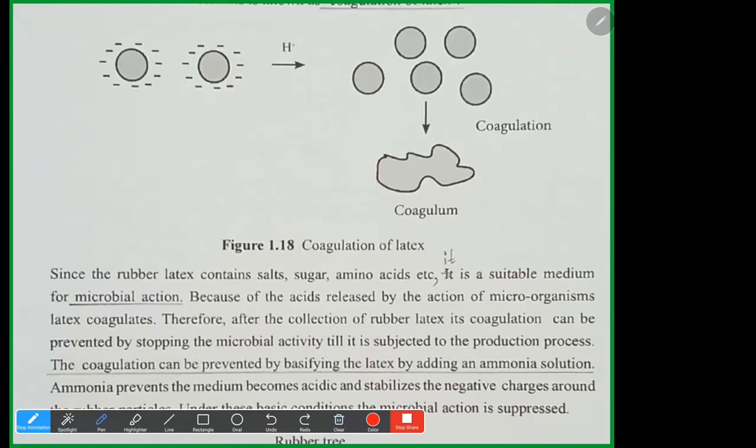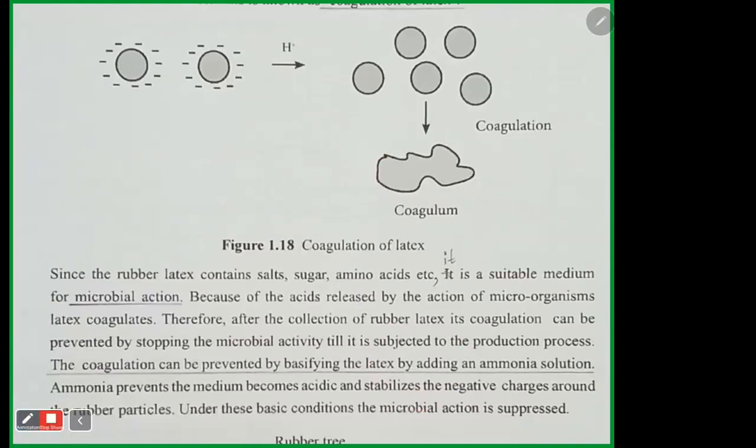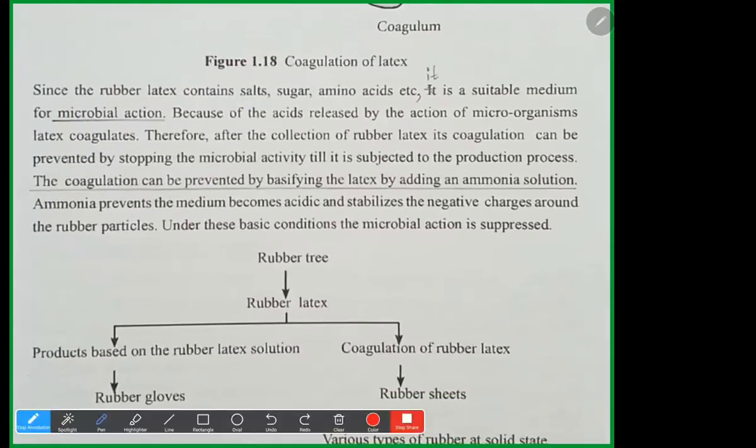Rubber latex contains salt, sugar, amino acids, etc. It is a suitable medium for microbial action. That is the disadvantage. Because of the acid released by the action of microorganisms, latex coagulates. We do not let bacteria set the rubber latex.